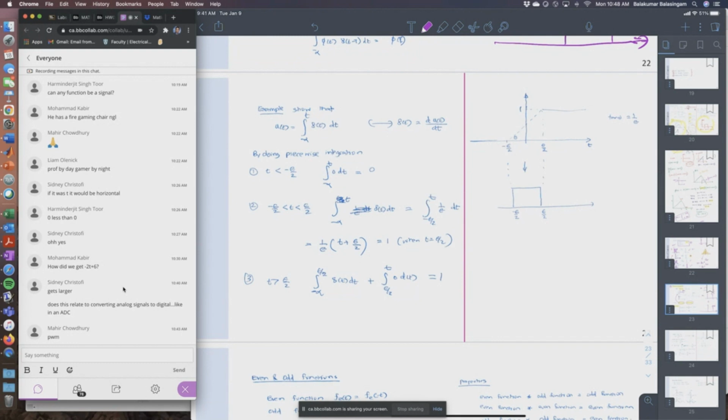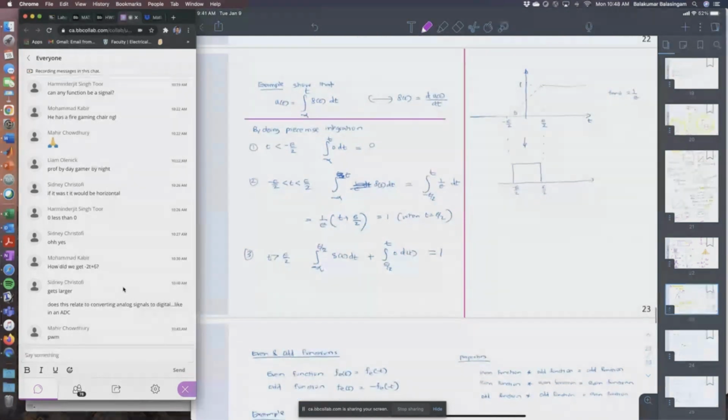So if we integrate delta t, this statement is very intuitive, but it's also important. If you have to explain u(t) in terms of delta t, we can explain it as the integral from minus infinity to t.